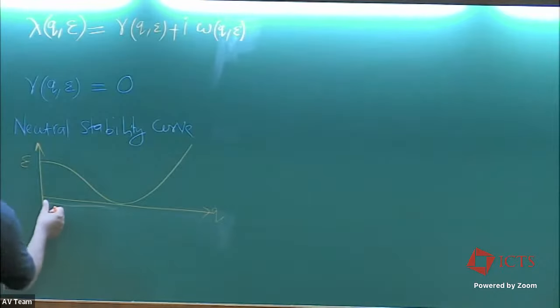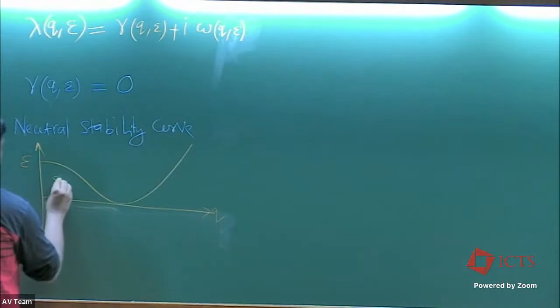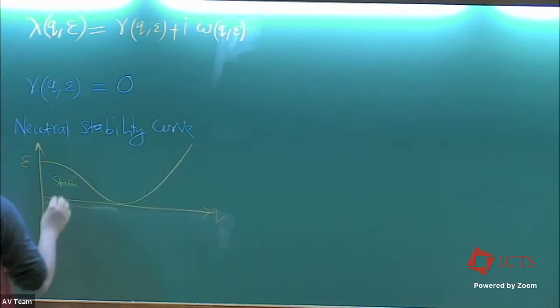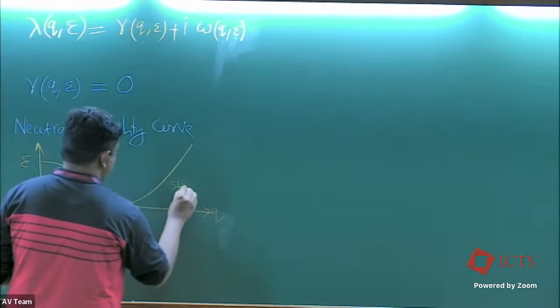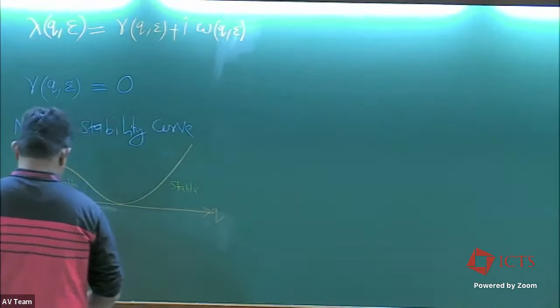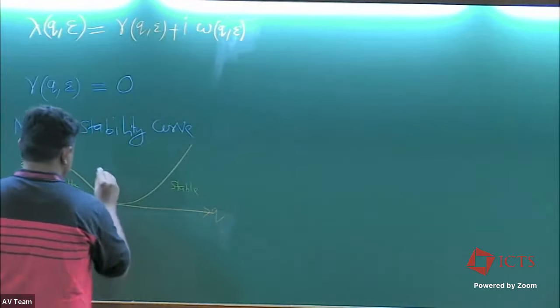So what is this saying? Look at a particular mode q. I'm going to put in a perturbation like e to the iqx. What is the control parameter value at which the system becomes unstable? So this is the stable regime, and this is the unstable regime.